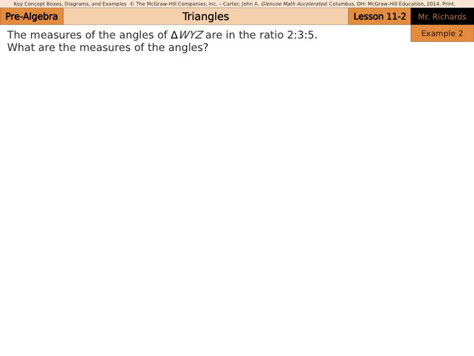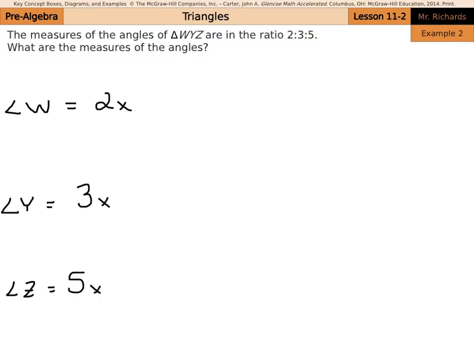Well, what if we say that our first angle, which would be angle W, is going to be equal to 2x for the 2? Then what if we say the angle Y is going to equal 3x? And then angle Z is going to equal 5x.